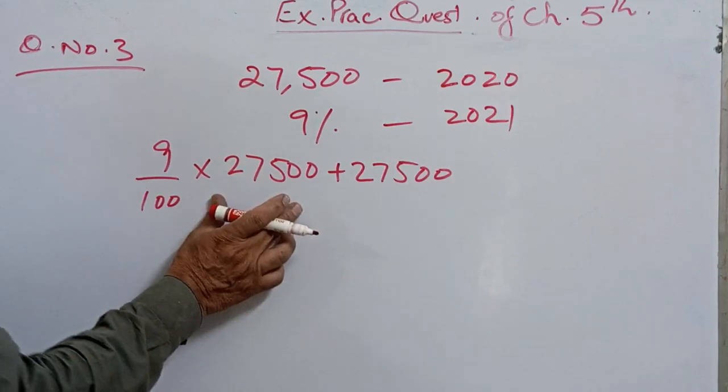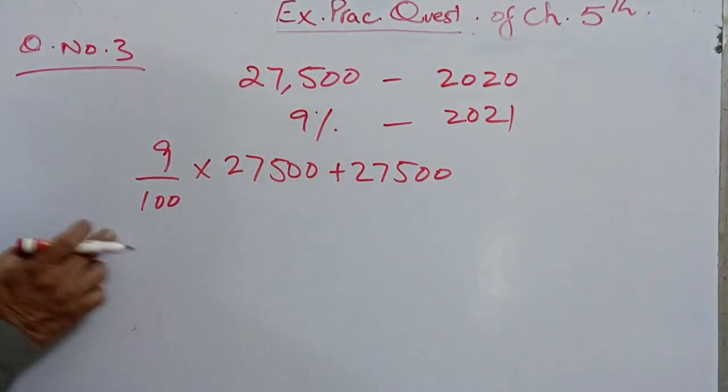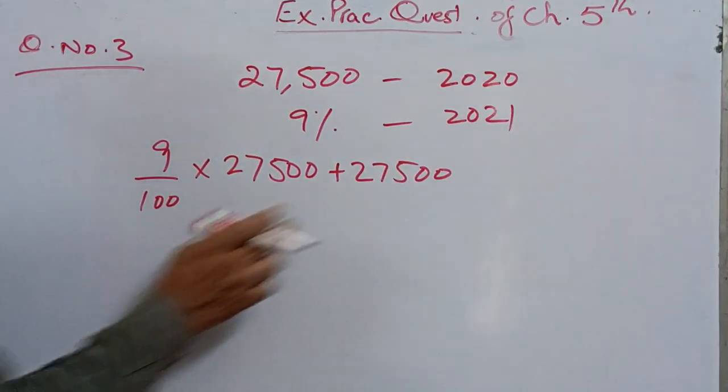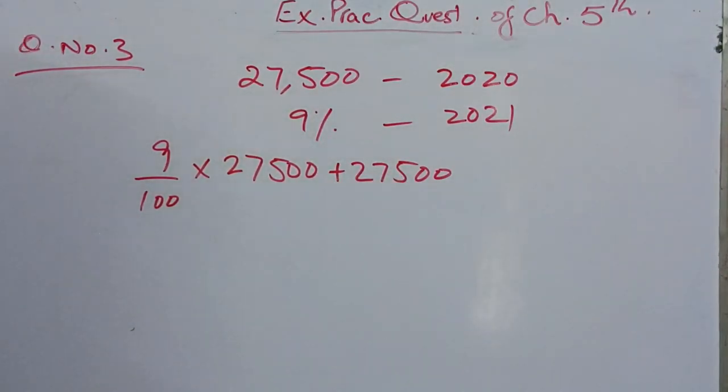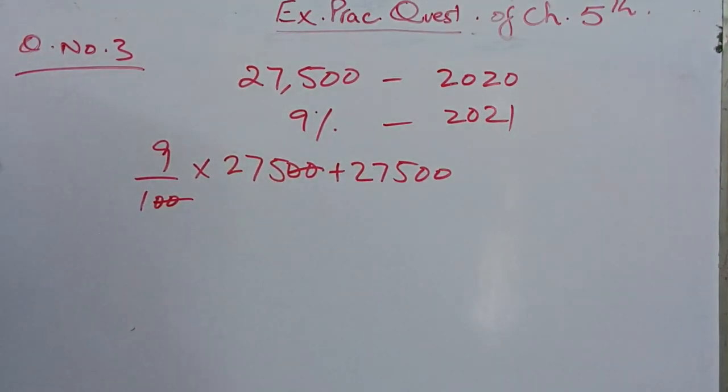So this was the given number, so we have to find the percentage and just add it to the original number. Just cross these two zeros and multiply 275 with 9.